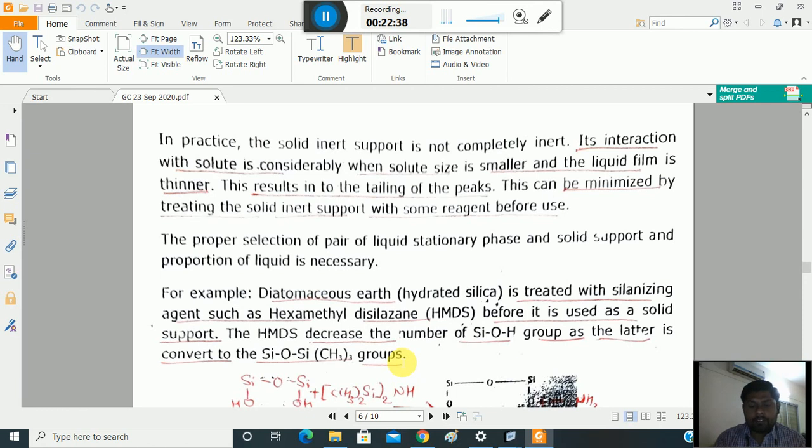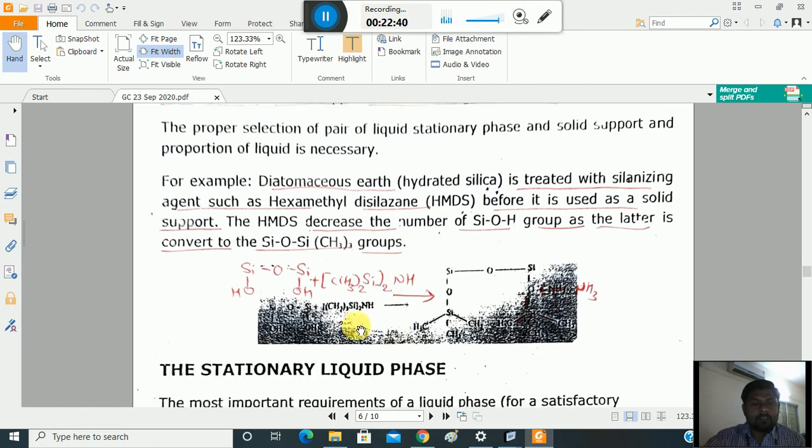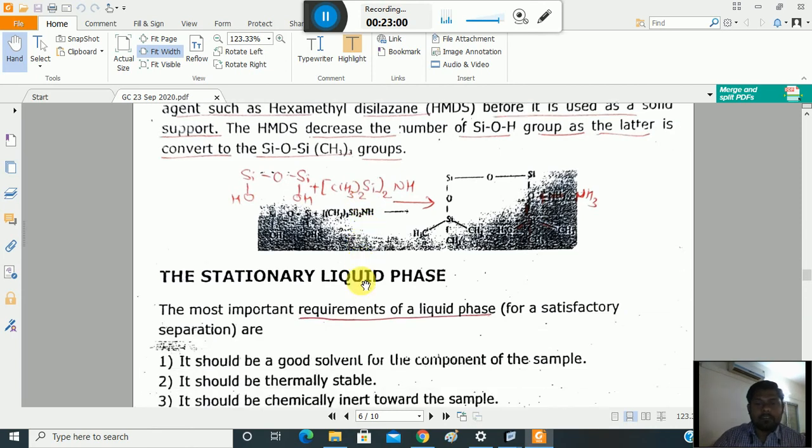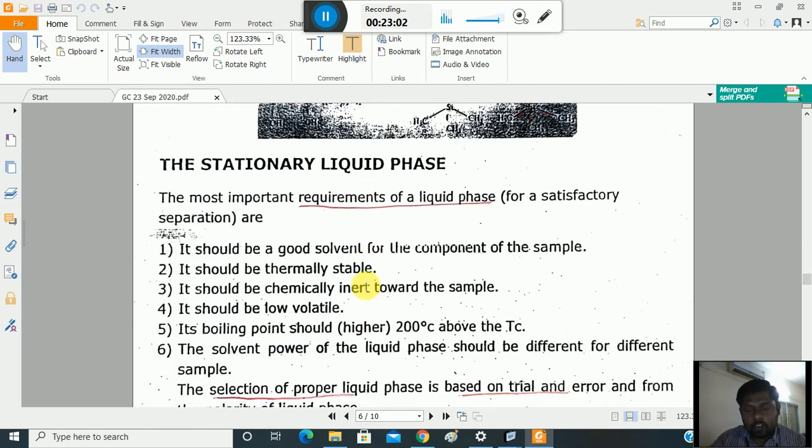The reaction is given here: Si-OH, that is the diatomaceous earth, then reacts with HMDS, (CH3)3Si-NH-Si(CH3)3. They combine with each other, and all those H are replaced by Si(CH3)3.